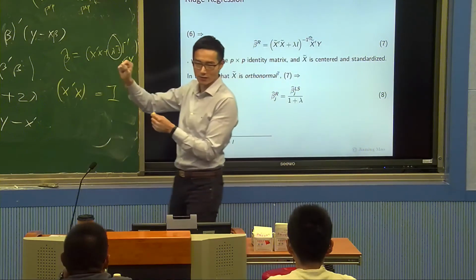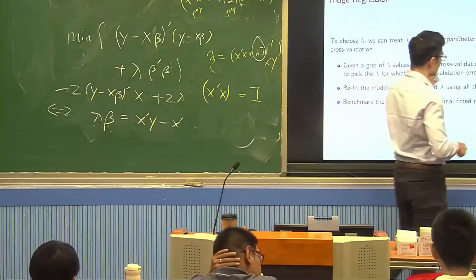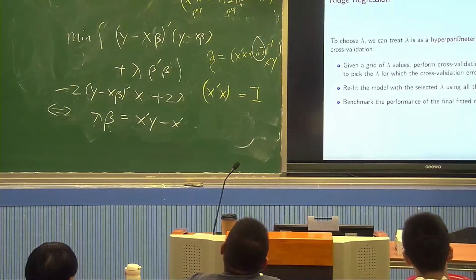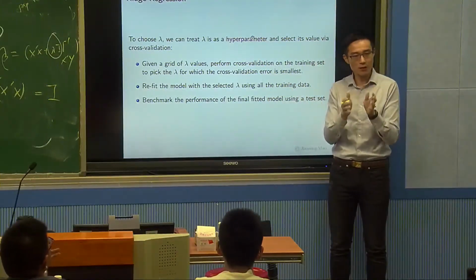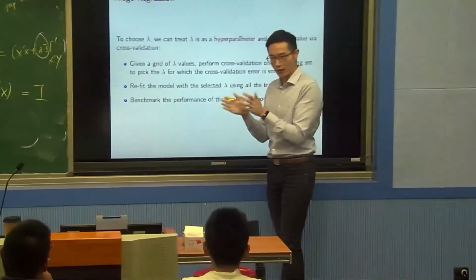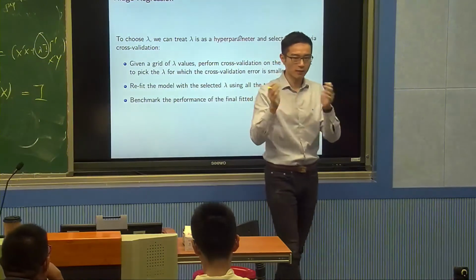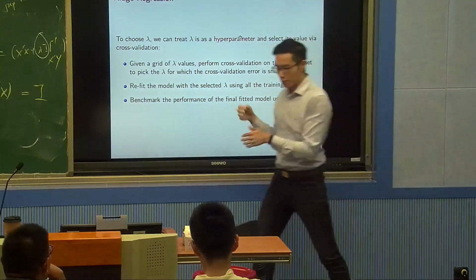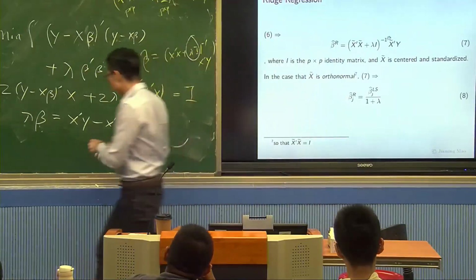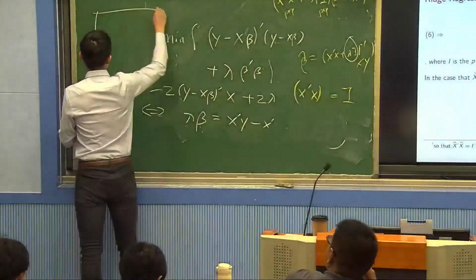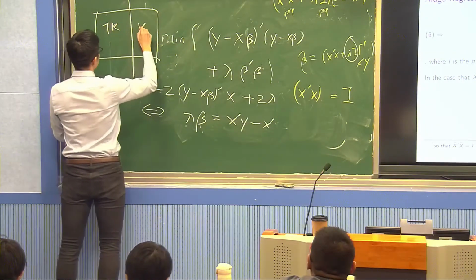Cross validation. It's the same idea as before. Lambda here is called a hyperparameter. A hyperparameter is a parameter that we fit not on the training data, but typically on the validation data. Imagine that we're dividing our data into a training and a validation set.